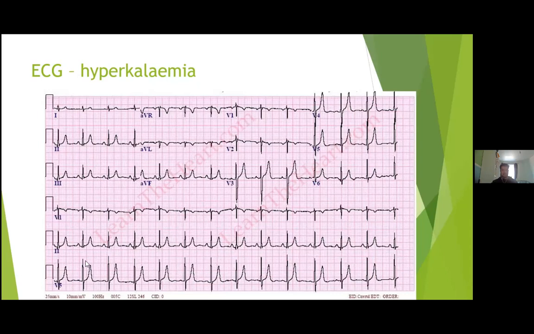So if we look at V5 at the bottom, you can see pretty absent or flattened P waves, and you can see these massive T waves clearly here in V4, V5, V6, and in V3 as well. So these are classic features of hyperkalemia. Okay, so now going on to the management of hyperkalemia in the next slide.